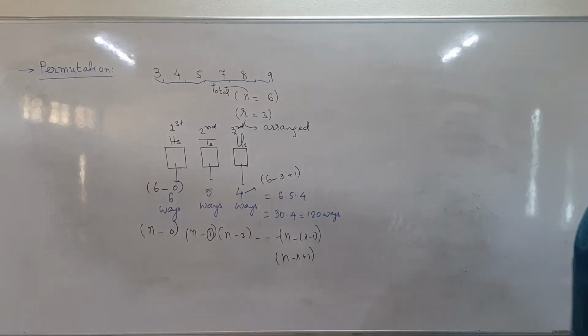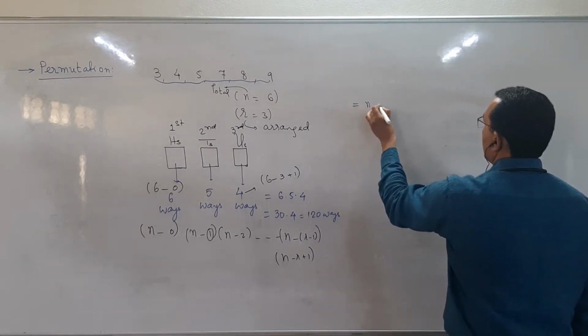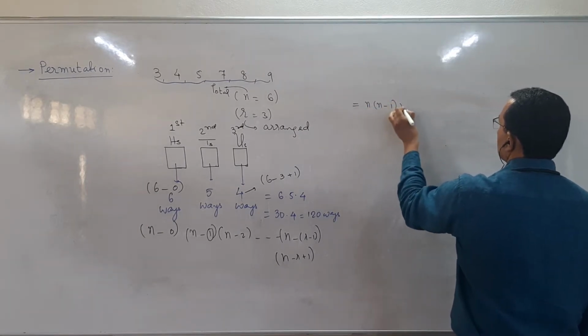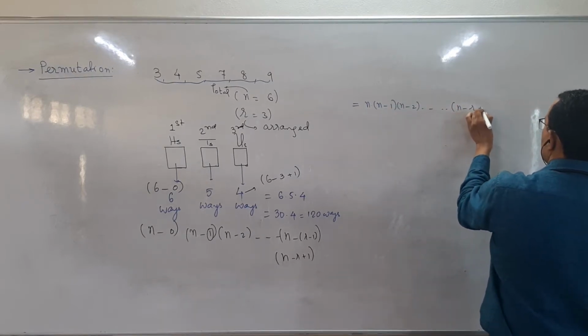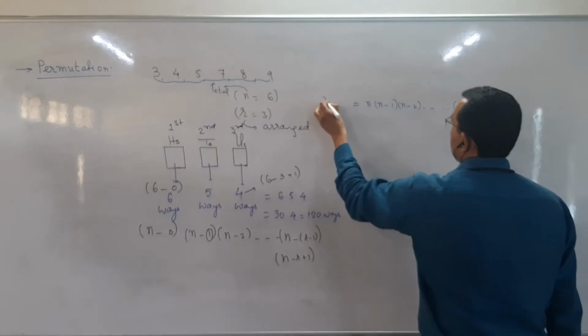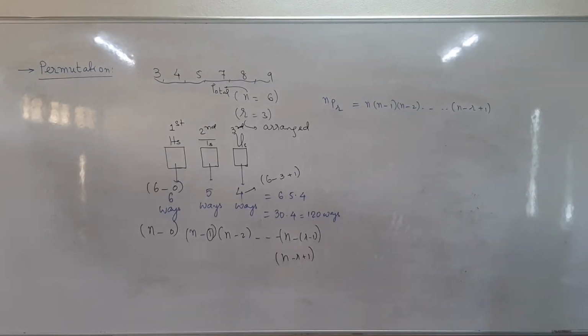The subtraction is one less than the number of the place. Therefore, the total ways in which all the places can be arranged are n into n minus 1 into n minus 2 up to n minus r plus 1, and this is nothing but nPr, that is permutation.